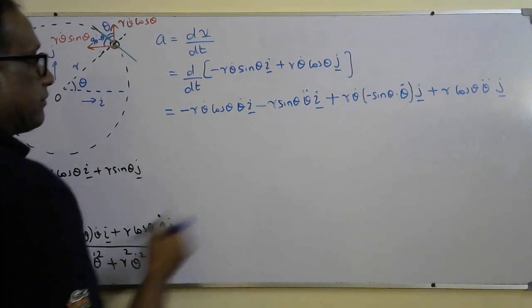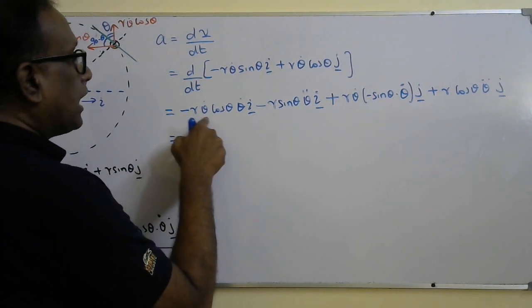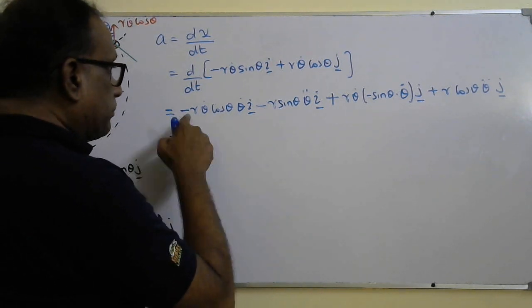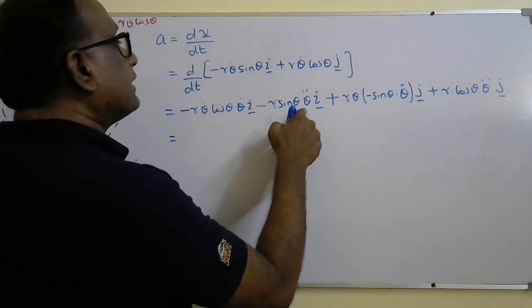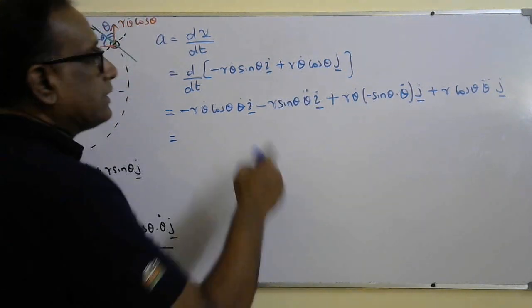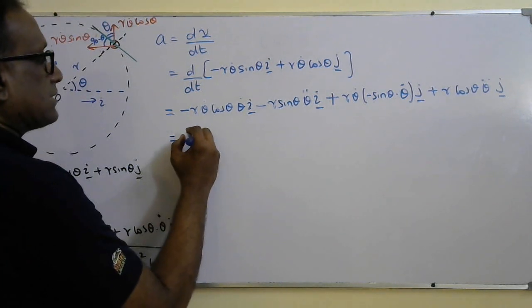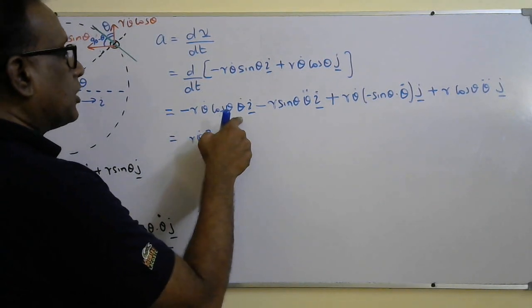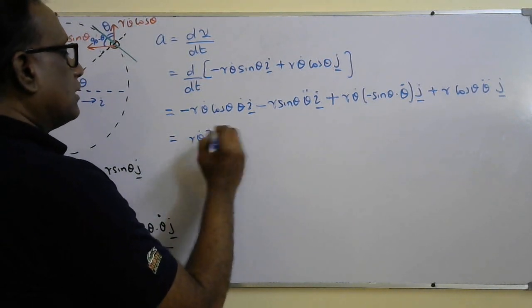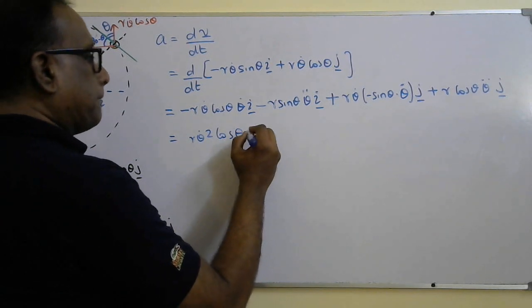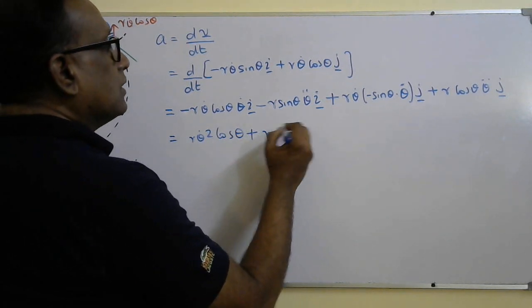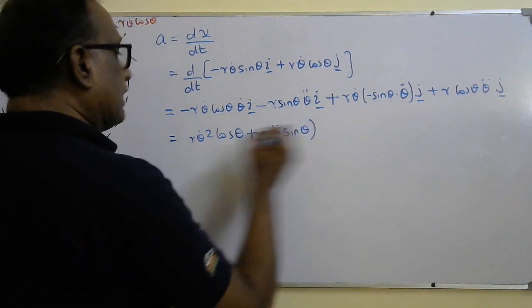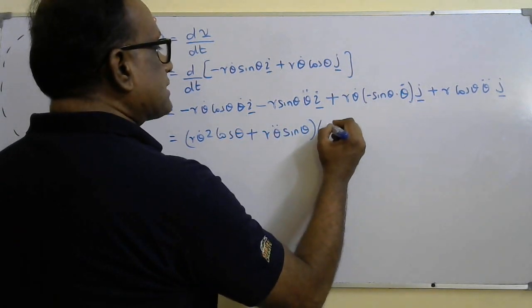So this I can write this way: minus r theta dot squared cos theta i, here also minus r sine theta theta double dot i. So I'll take minus i outside. I'll say it like this: r theta dot squared cos theta plus r theta double dot sine theta, minus i.